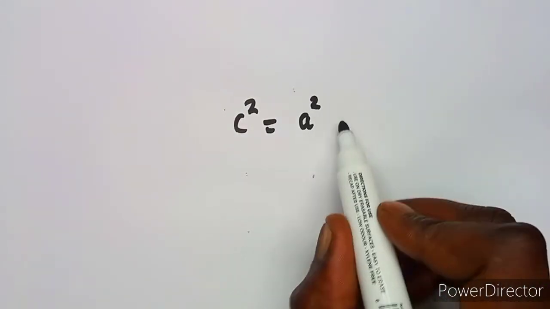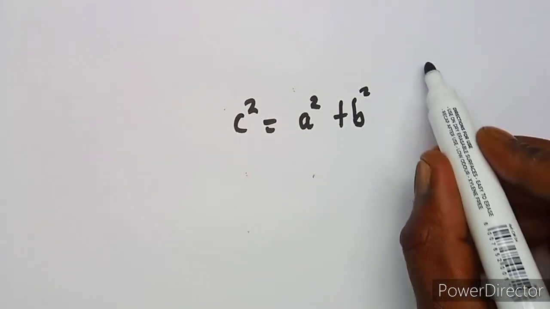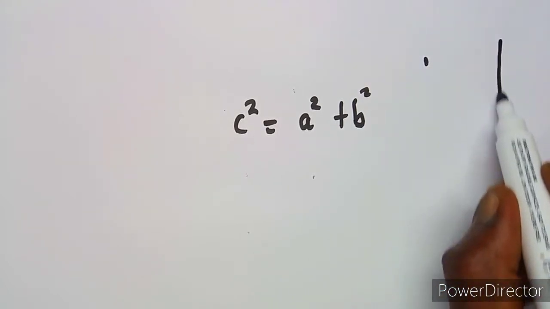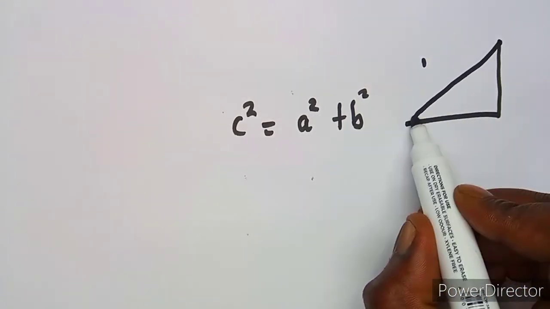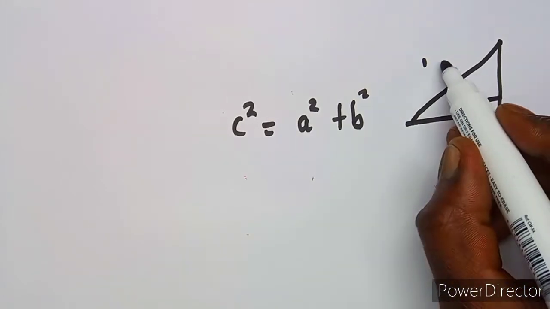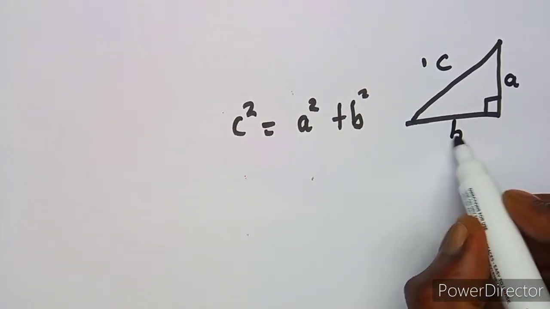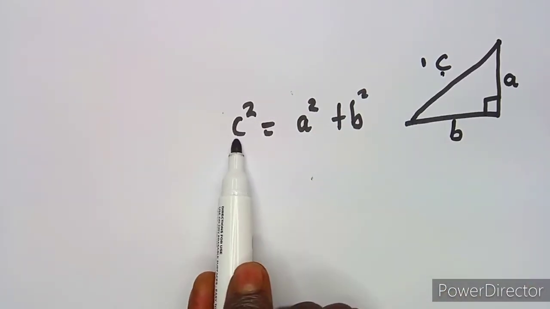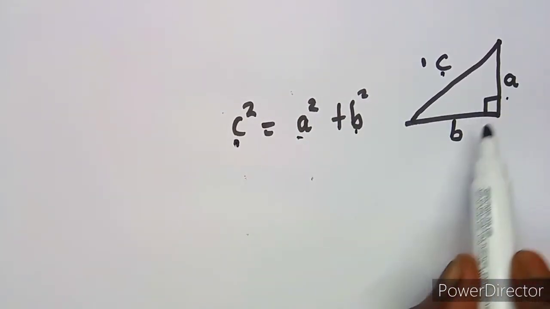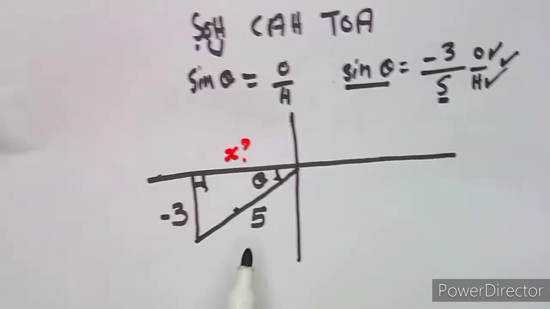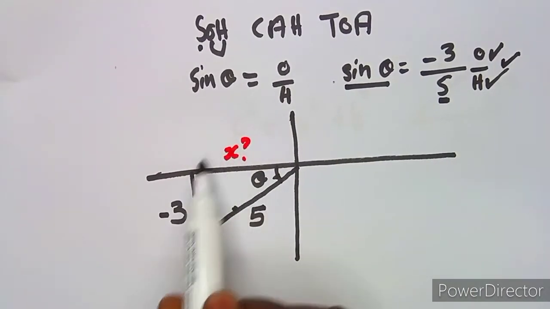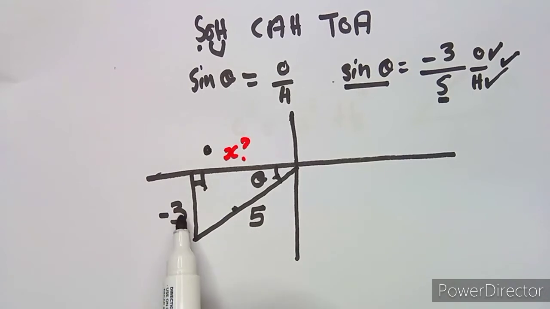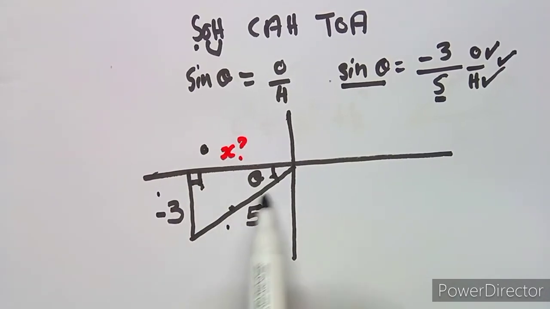is equal to a squared plus b squared, given that your triangle looks like this. You only apply this when your triangle looks like this. This is your c, this is your a, this is your b. c represents the hypotenuse, while a and b are the shorter sides. The c is the hypotenuse, which is 5.